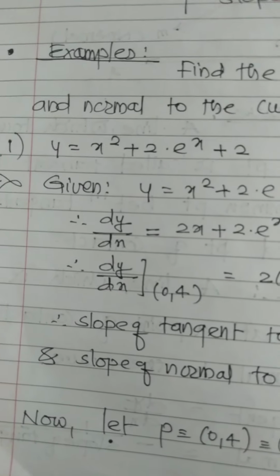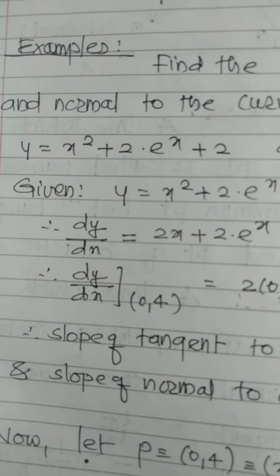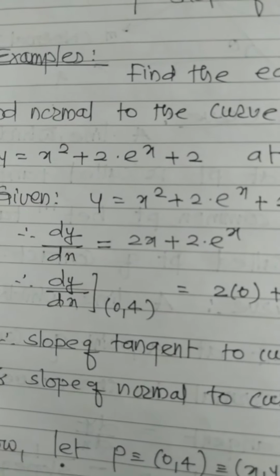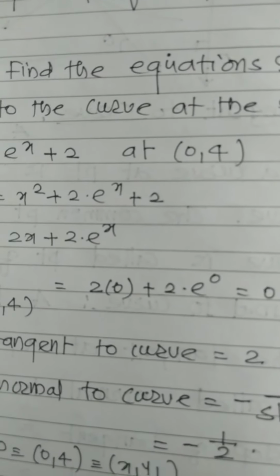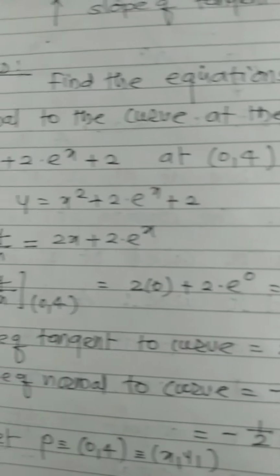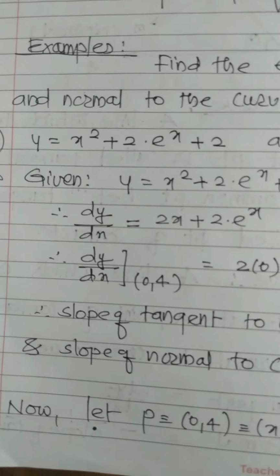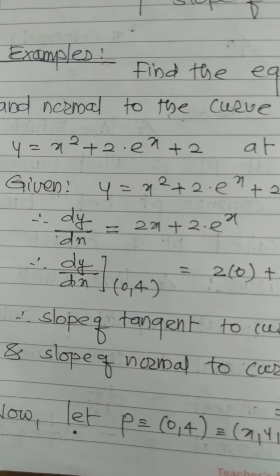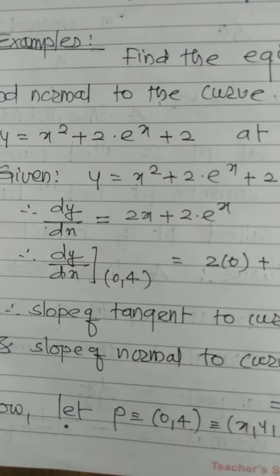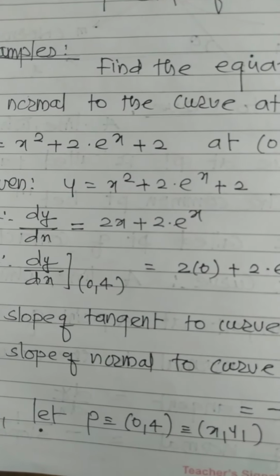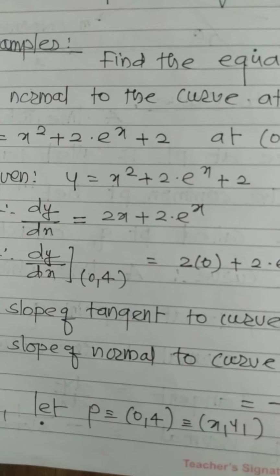First example: the equation of the curve is given, y equals x square plus 2 into e raised to x plus 2, at the particular point (0, 4). We first have to calculate dy by dx, that means in general the slope of the tangent. Differentiating y with respect to x, we get 2x plus 2 into e raised to x; 2 is a constant, so its derivative is 0.